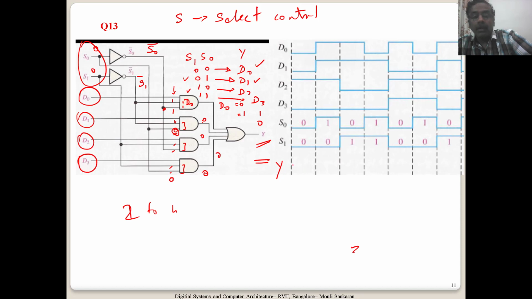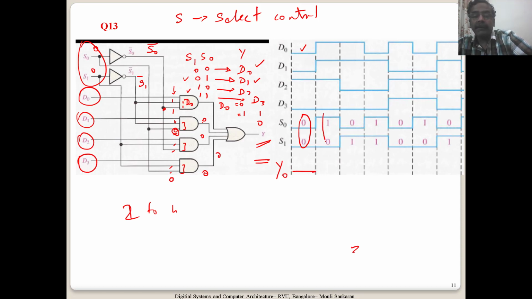This is Y. Now this Y is going to be based on the control signal which is being given, and what is the input at that time. So if I am saying S1 and S0 as 0 0, I am going to choose D0 to come out. Now whatever is the value of D0, that is going to come out, so I will write 0, low value.